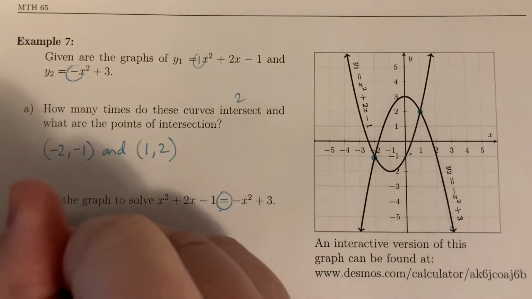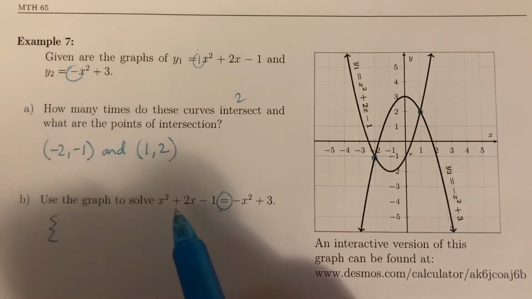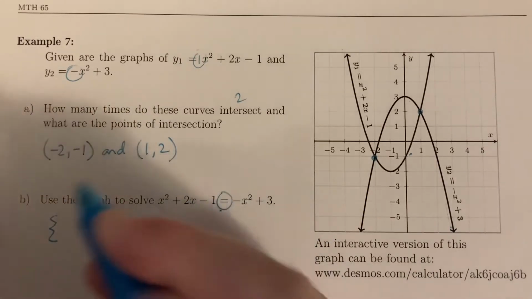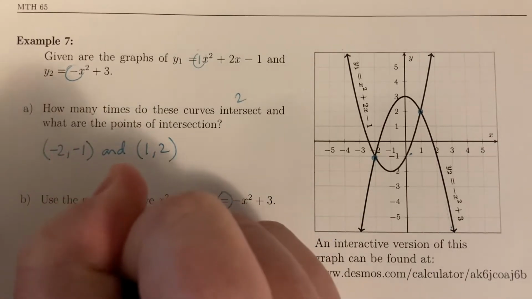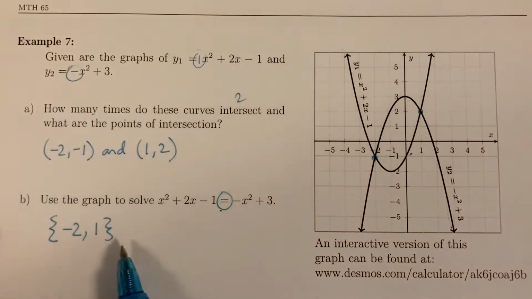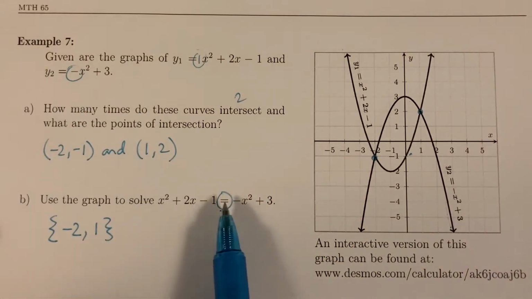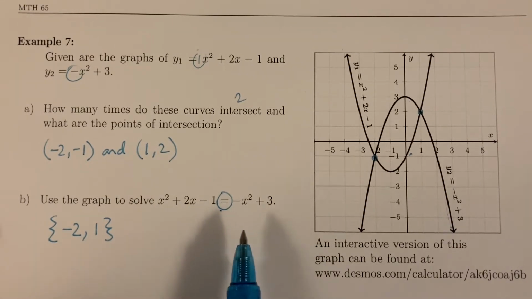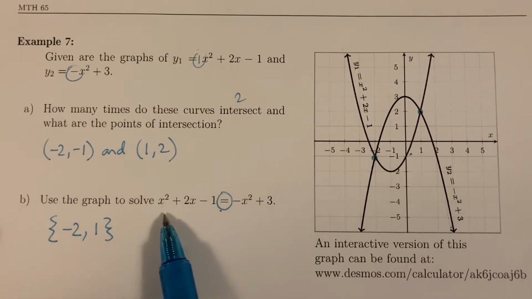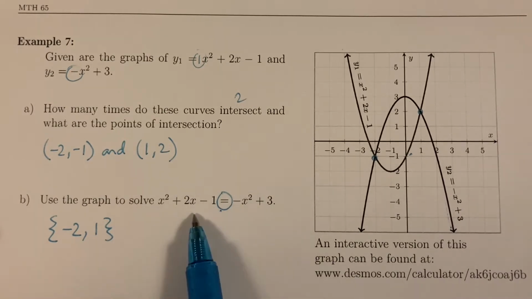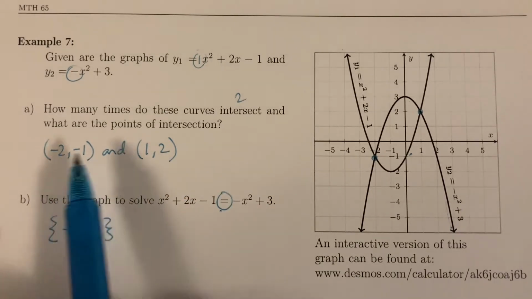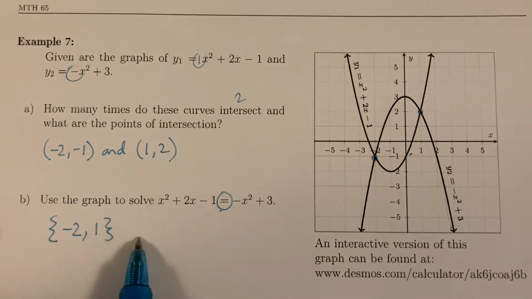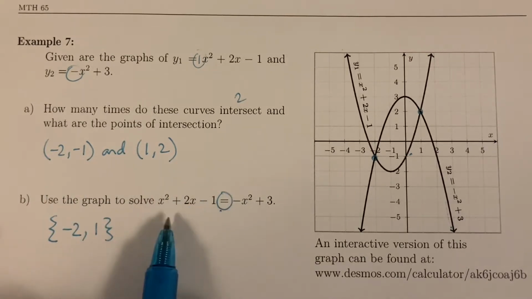We can just read from the graph that the x values where these are equal are x equals negative 2 and x equals 1. And that's it. You could certainly get 0 on one side and use the quadratic formula, but that is a lot of work and not what we're supposed to be doing in this section. We're just supposed to say, based on the points of intersection, these are the two x values where these two graphs equal each other.